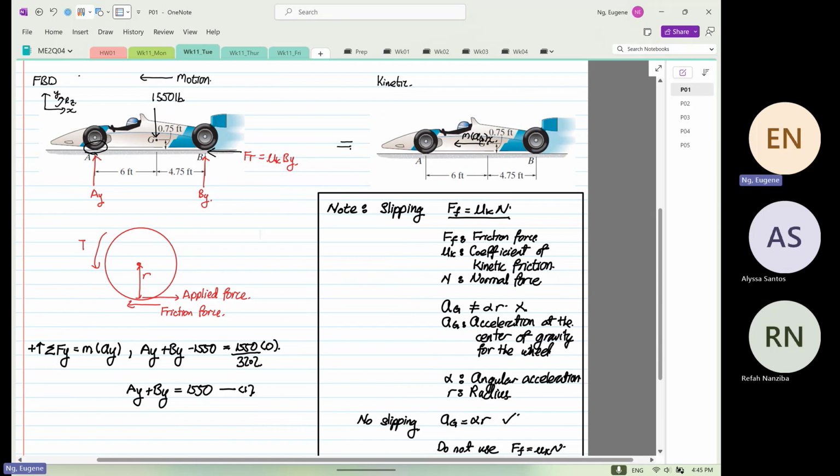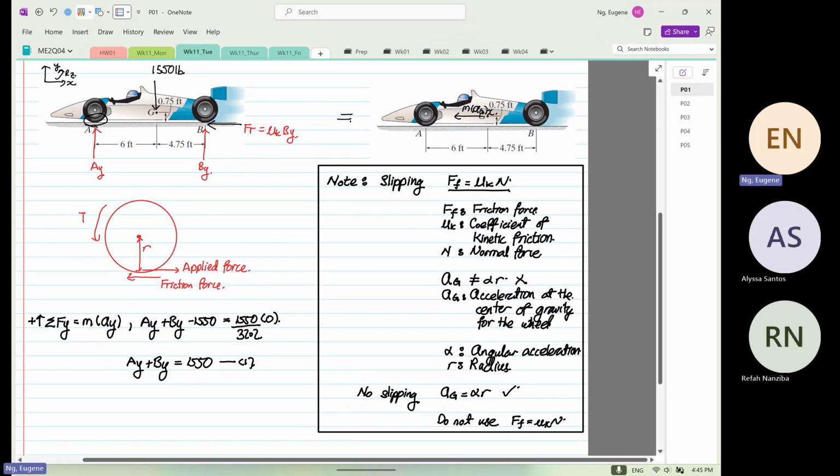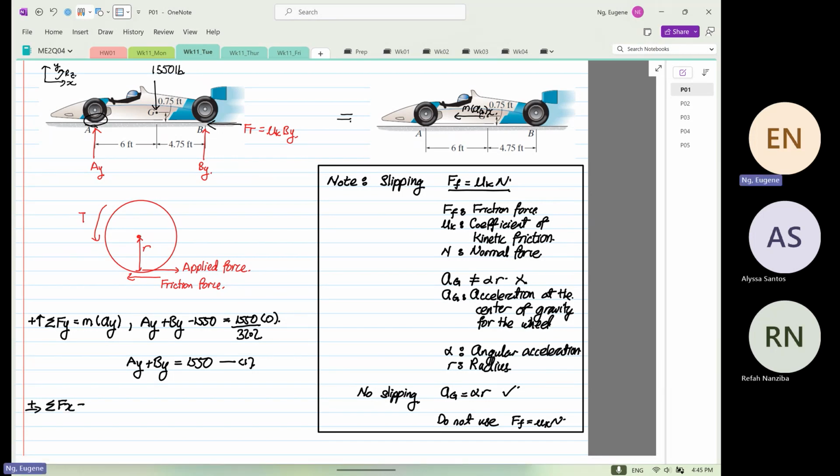Then next, we look at equation number 2, where we do summation of forces in the x direction. So this is your m a_x. So we assume that positive is going towards the right. Okay. So what we have over here is mu_k is equal to what? 0.7. Yes or no? Okay. So this will be equal to minus 0.7 times B_y. And then the mass of the car is minus. Why minus?